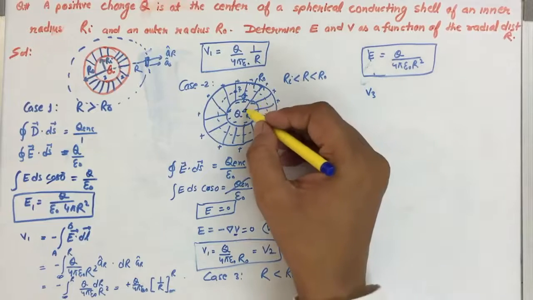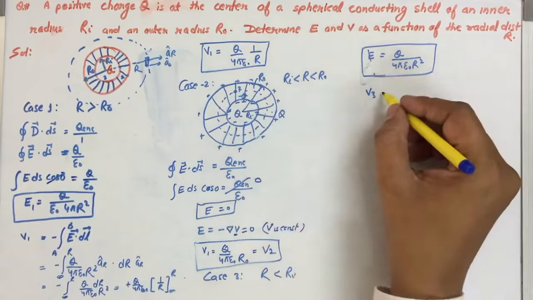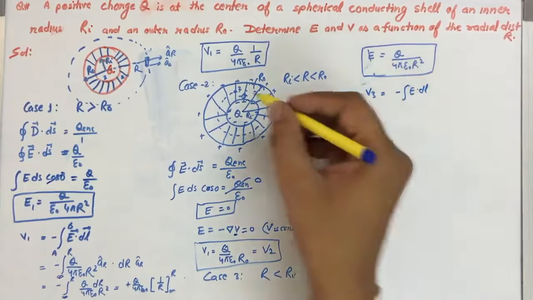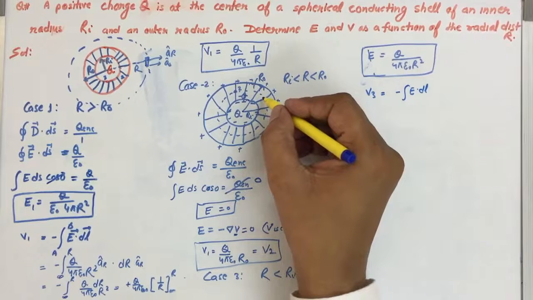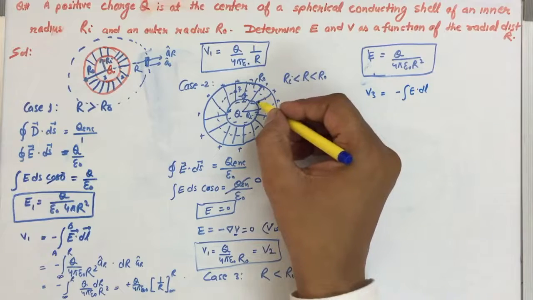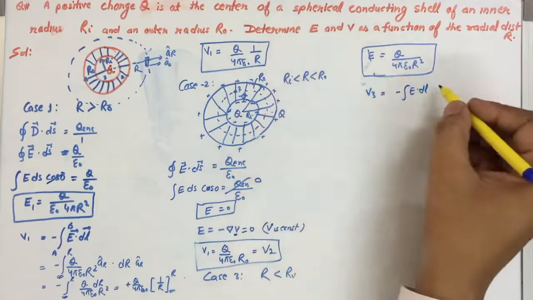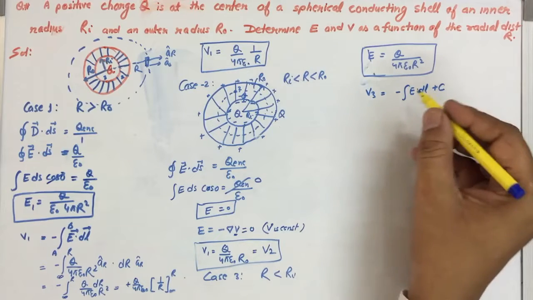So V3 will be equal to minus the integral of E dot dl, we know. Here we are bringing our point from in between to here, so we are not bringing it from infinity. So there should be one constant included.